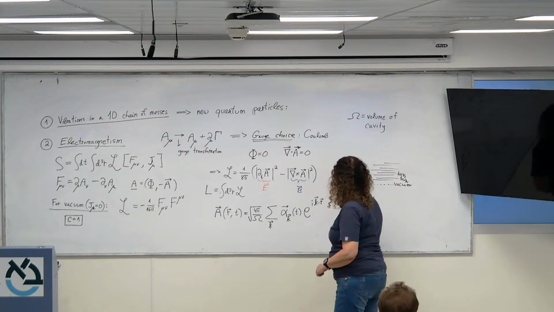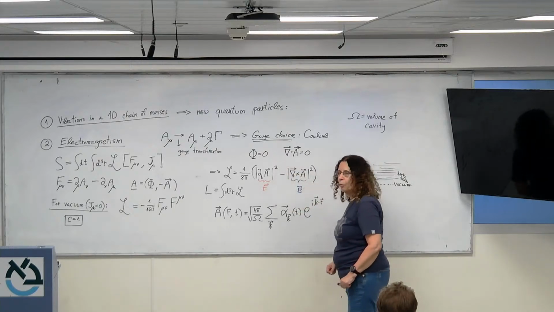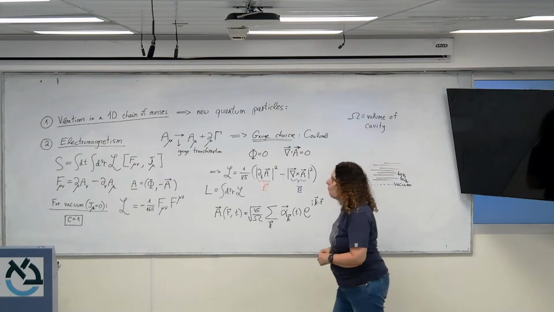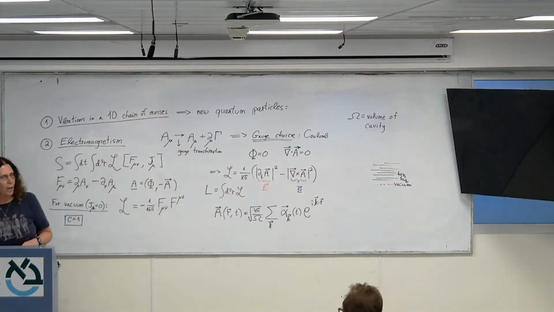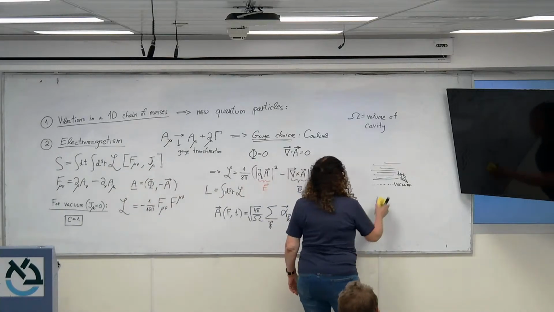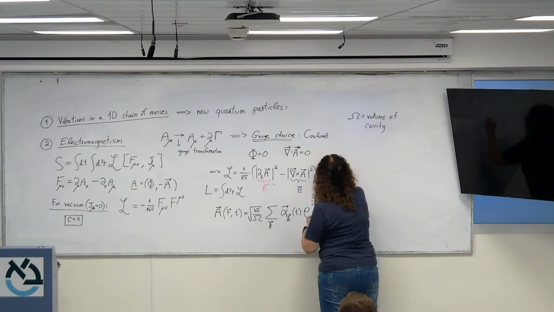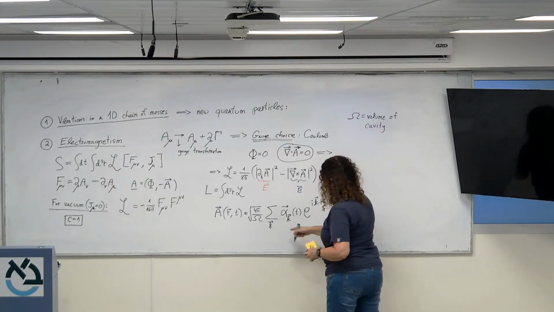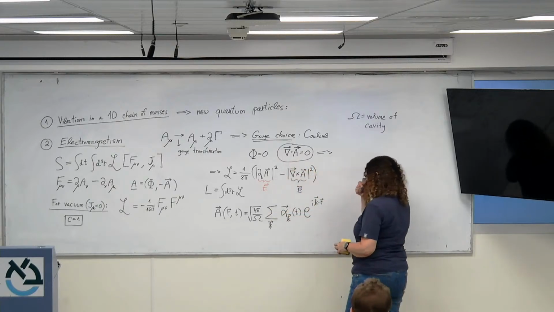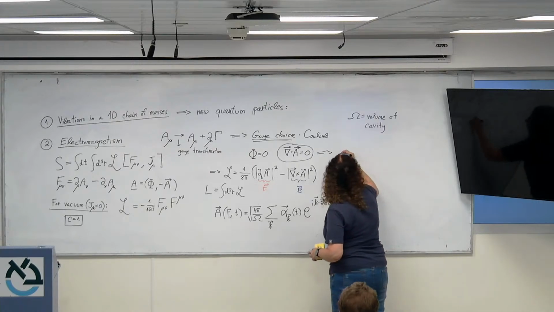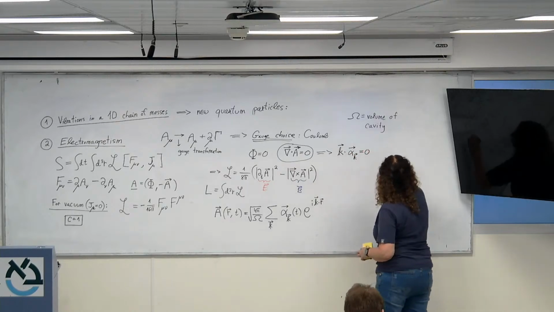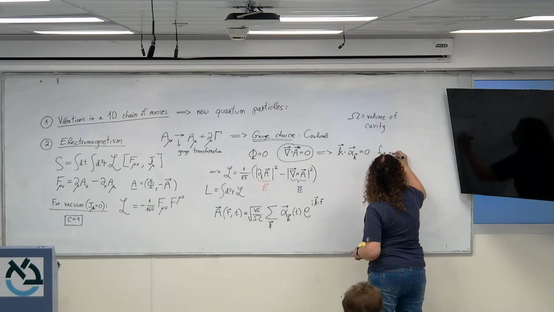But when I plug it into the equation that it has a zero divergence, I find that the Fourier components have to satisfy, this is coming from here, that k dot alpha k equals 0 for each k.